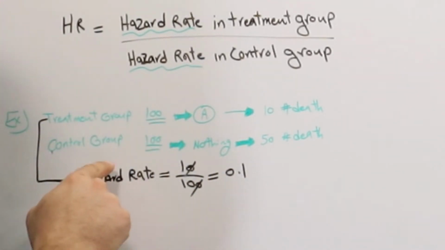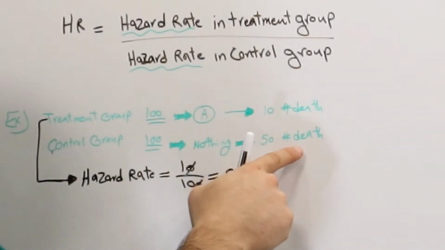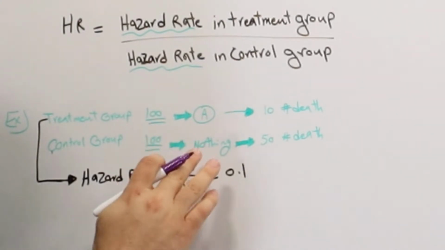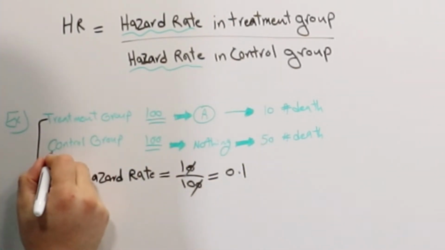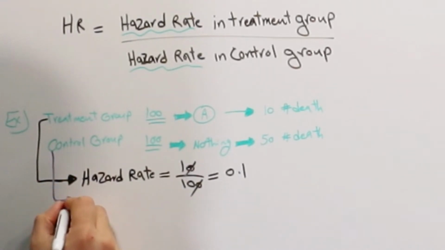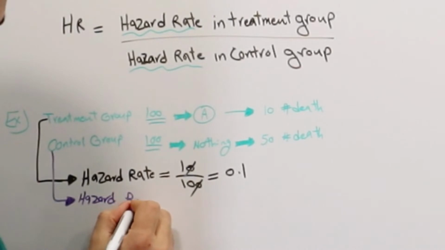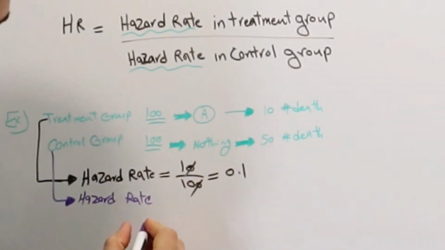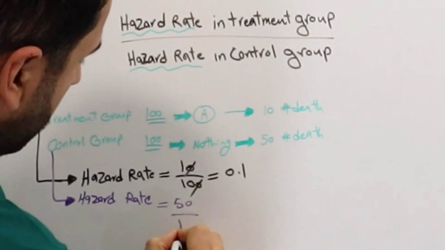Now let's calculate the hazard rate in the control group. I have 50 individuals who died because they did not receive any medication, in comparison to the treatment group. To calculate the hazard rate in the control group, it's going to equal 50 divided over 100.